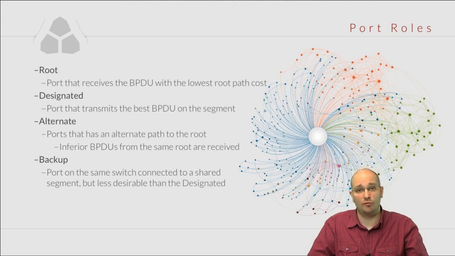In a case of the root port failure, one of the alternate ports can be immediately transitioned to become the root port, and remember what happens with the port that is a root port, it can transition to forwarding state immediately.